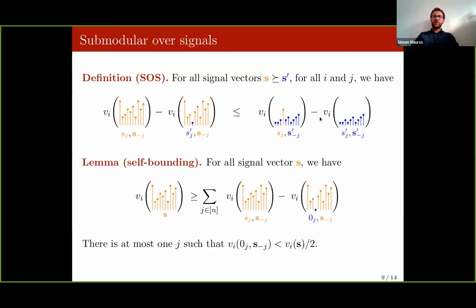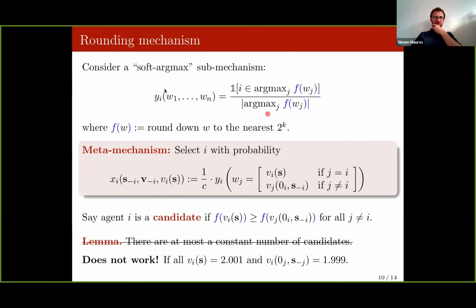Okay, so how can we use this? Let's try to see how we can do. Remember, we said something about people's valuation function only depending on a constant number of other people. So our hope here is to take the values of people, Wj, and round everything down to the nearest power of 2.